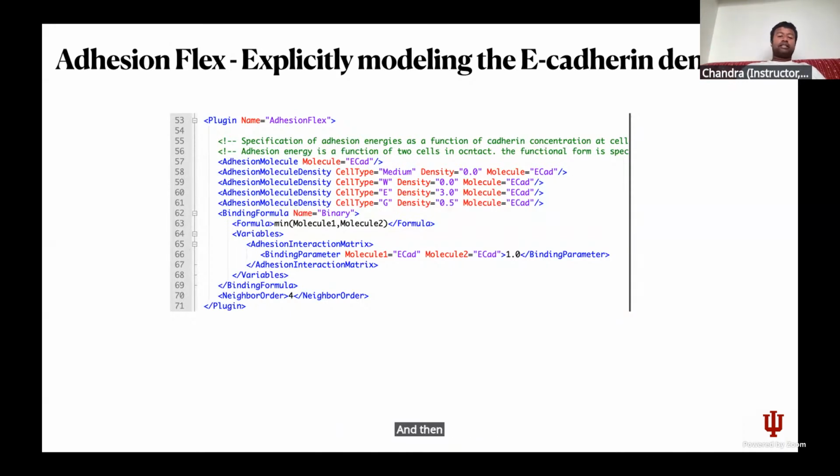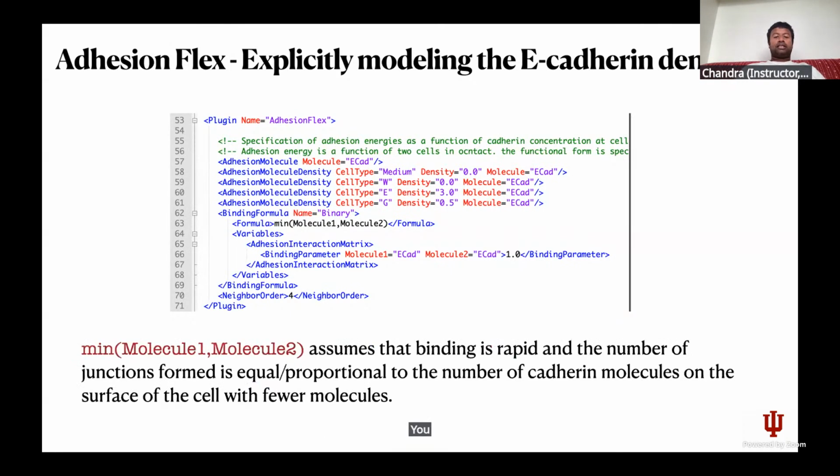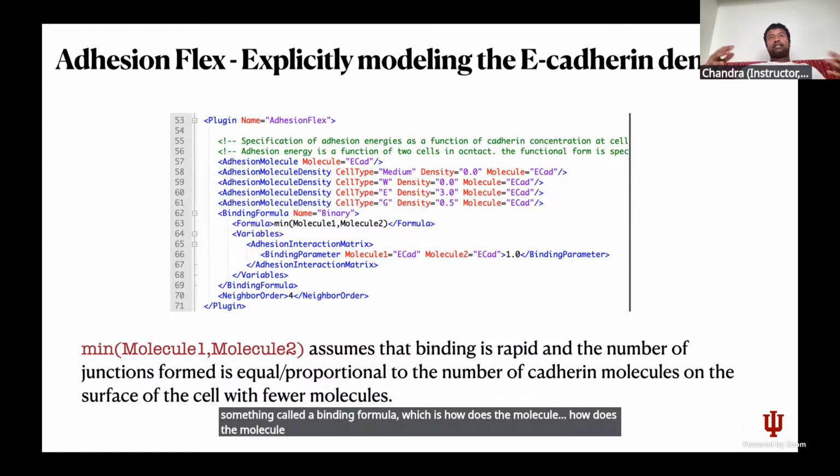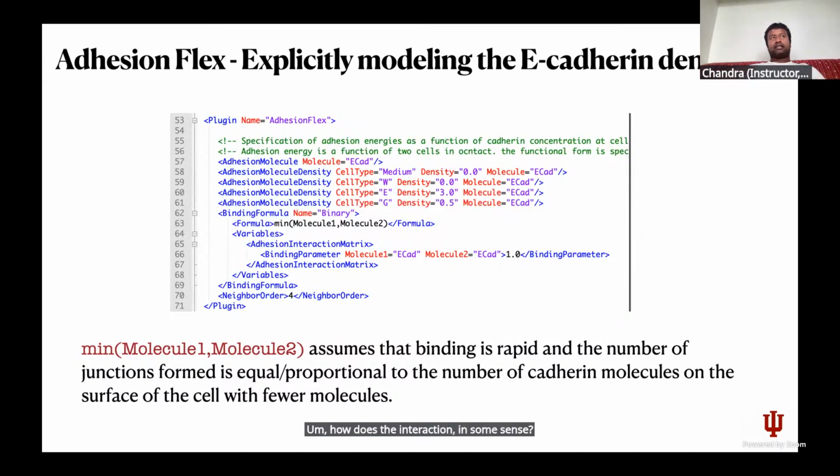And then the most important thing is you also define something called a binding formula, which is how the interaction energy is a function of these molecules and the density of molecules on the two cells. So one of the options, I think this might be the default option, is the minimum of the two concentrations. Under what conditions is this a good function?